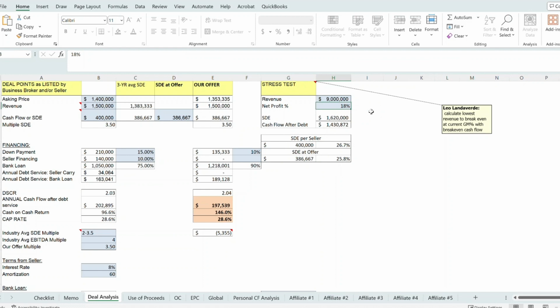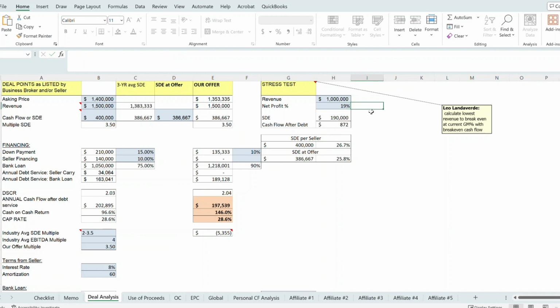If a business did 900,000 in revenue, and you have 10% net profit, you still cannot cover, right? So say you did 15% net profit, and then 17%, 18%, 19%.